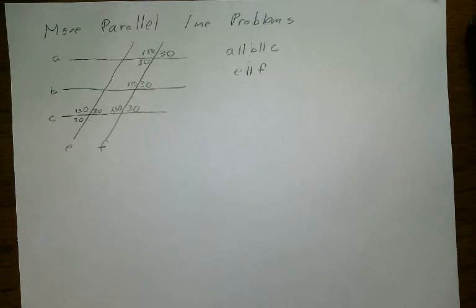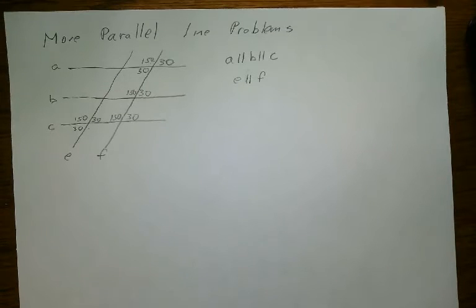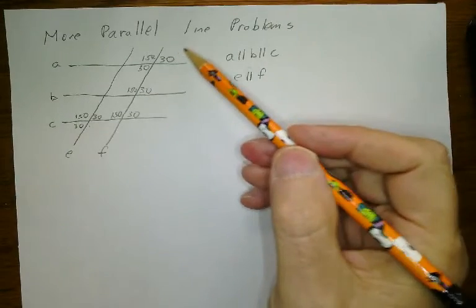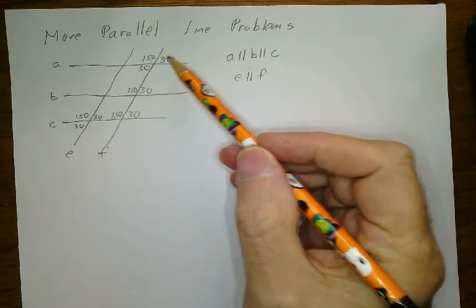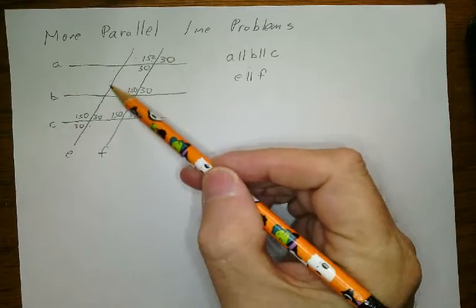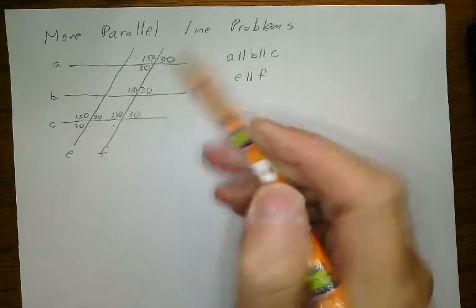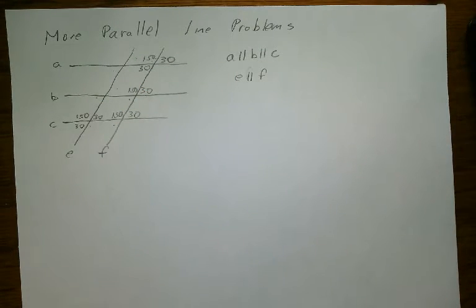And here's a little tip, a little shortcut. When you do parallel line problems, no matter how many parallel lines, you're always going to have just two different numbers. All the small acute angles, acute means less than 90, like this angle, this angle, this angle, etc., are all going to be 30.